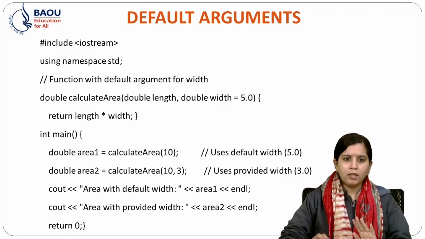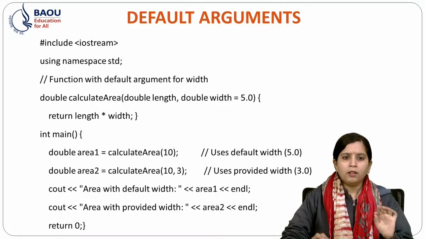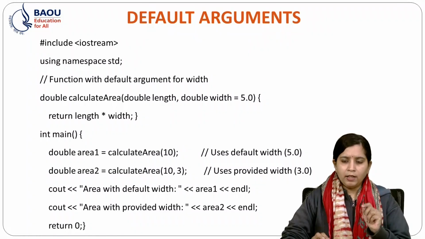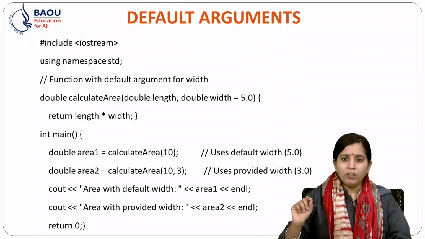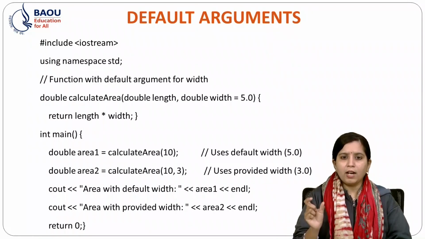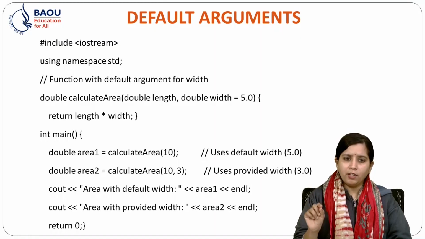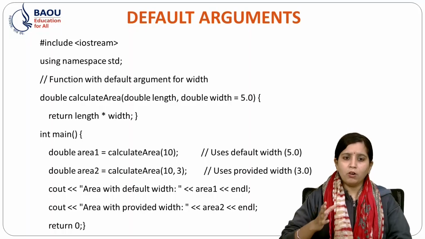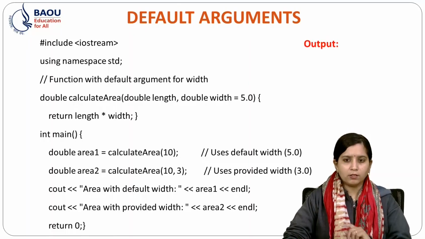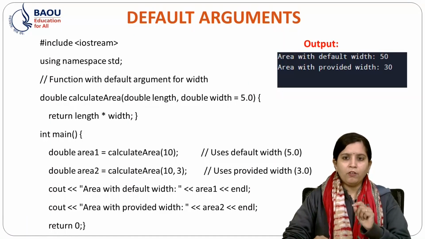Over here I have declared double calculate area, in which I have double length and double width. Width has a default argument, that is 5.0, and it returns length into width.